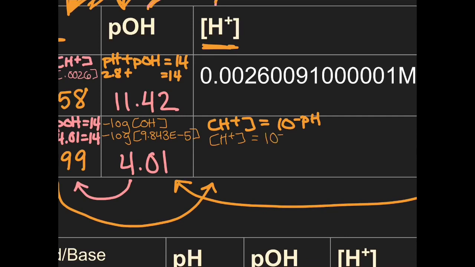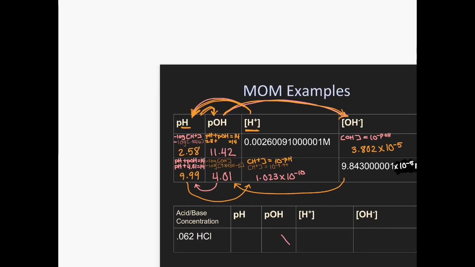So here again, I'm going to have 10 to the negative 9.99 because that's my pH. So once I plug that in and solve, I get an H plus value of 1.023 times 10 to the negative 10th.